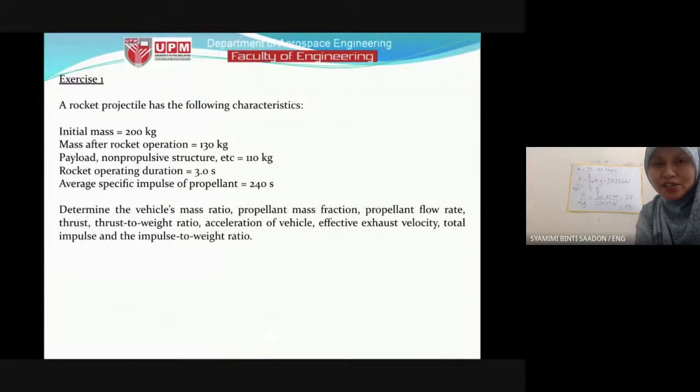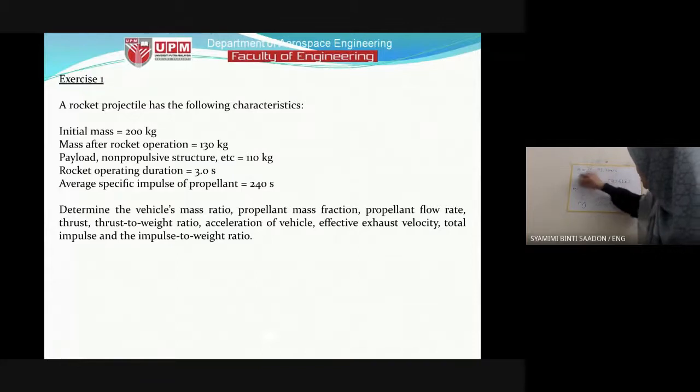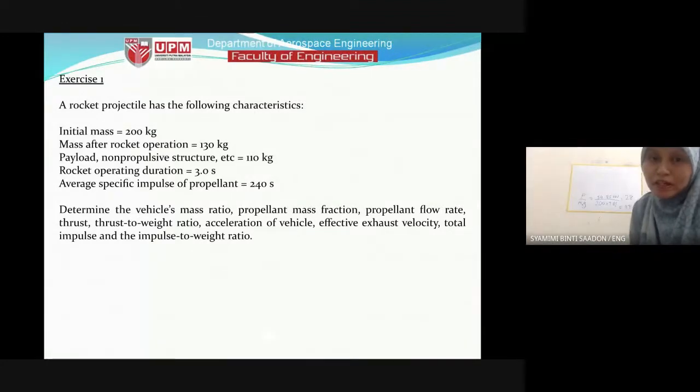Next, acceleration of the vehicle. We just calculate back, just want to know the acceleration of the vehicle. We take the final, because after launching, right?